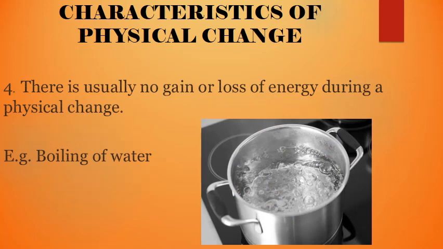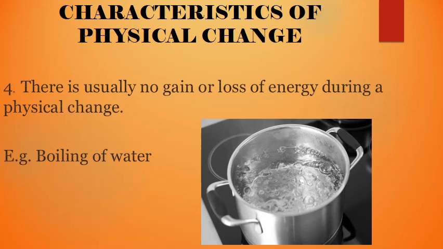The fourth characteristic of physical change, there is usually no gain or loss of energy during a physical change. So let's take the example of boiling of water. When you boil water, what happens? We see water absorbing a lot of heat energy and changing to vapor state.